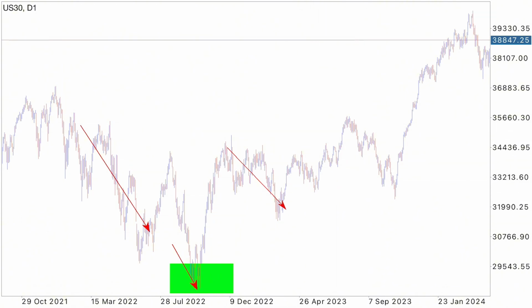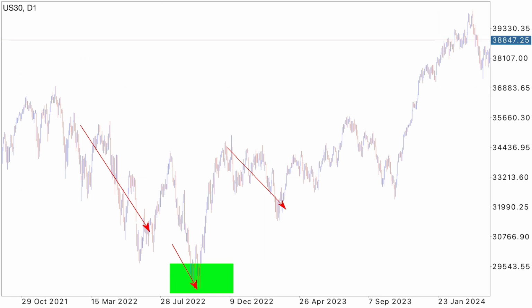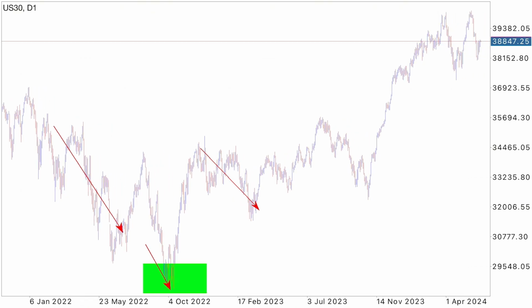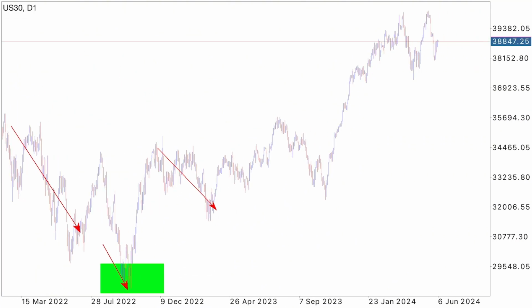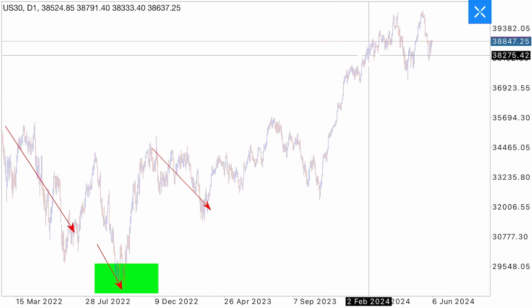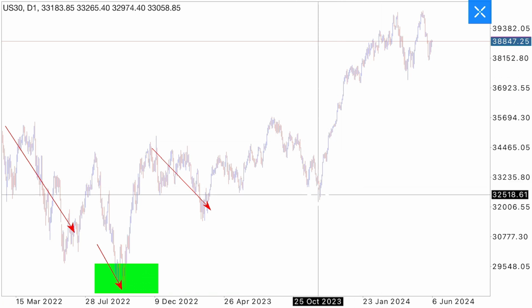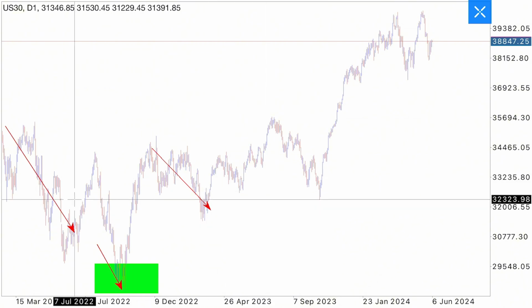So US30 was moving in a beautiful market structure prior, but currently all that move resulted in US30 having a beautiful impulse move to the upside after this test of the right shoulder on the previous inverse head and shoulders.